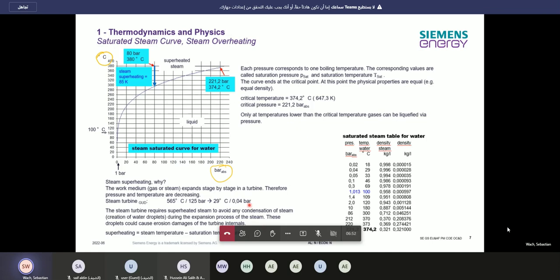So in the system you measure your steam temperature, 380 degrees. The saturation temperature for this pressure, 80 bar, will be automatically calculated by the system. And then you will see on the HMI normally, okay, I have a superheating value of 85 Kelvin.